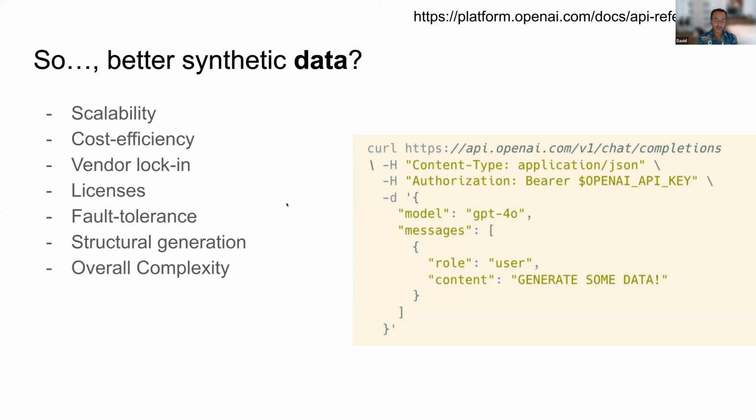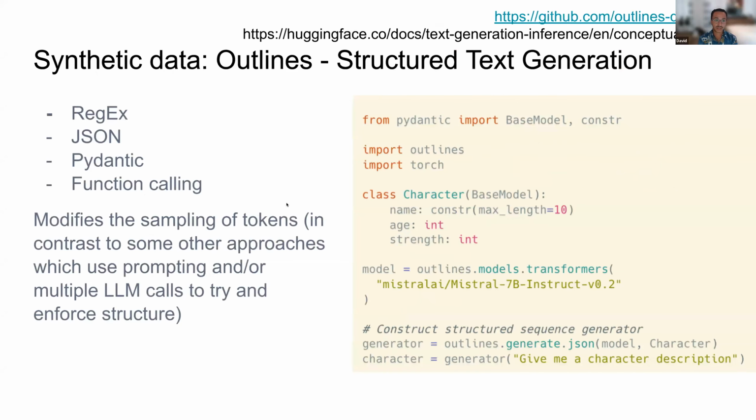And I've chosen a set of tools that you might look into whenever you start working with your own synthetic data. One of them is the Outlines package for structured text generation. This can produce structured text generation based on prompts for LLMs based on regex, JSON, Pydantic models that everyone loves and uses, and also functions to be able to do function calling.